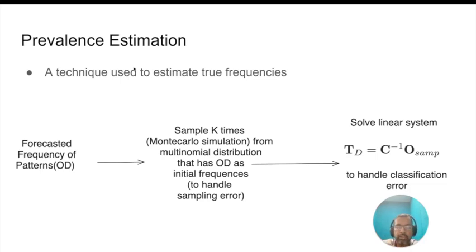After 4 iterations, we have a model that has 51%. Now we have a model, but what we really need is to know how many actual patterns there may be out there for each of these classes. It turned out it's a known problem with a known solution. It's called prevalence estimation.